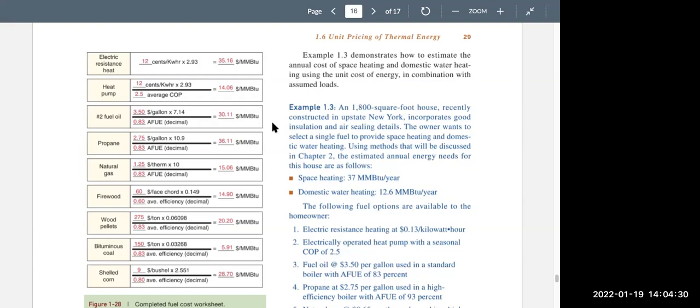Now, all you can do is lower that cost. That's electric resistance heat, though. That's going to be like baseboard heaters or heaters that you plug into your outlet. I have a heater in my office right now, and it's costing me a lot of money to run that heat.